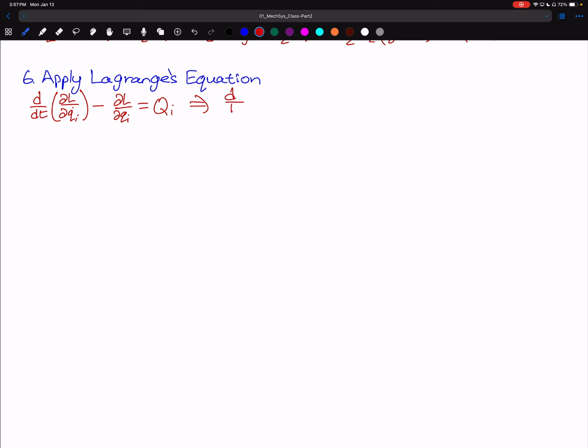So this is going to be d over dt partial L over partial x dot minus partial L over partial x is equal to, we called it Q1, so we'll just write that. And then the second one is going to be d over dt partial L over partial y dot minus partial L over partial y is equal to Q2. And now we're going to go and compute each portion of each of these Lagrange equations. We'll get as far as we can, and if we don't finish, we'll finish this on Wednesday.